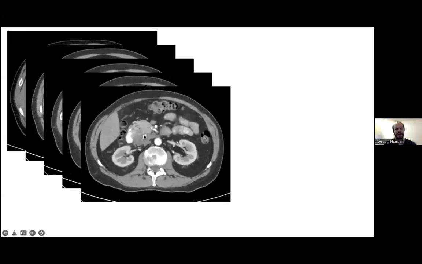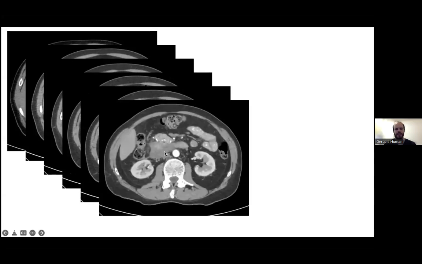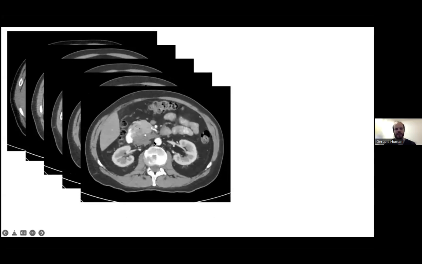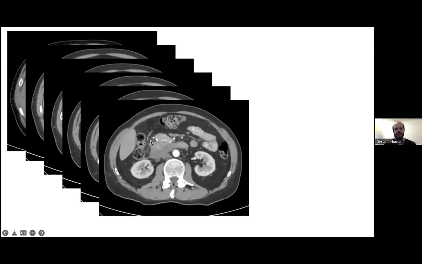Then as we come lower down, we can see a focus of hyperintensity of contrast, which subsequently disappears. So we definitely know that it's situated in this region. And then there is surrounding low density around that, which could be edema, could be inflammation, nothing other than that.